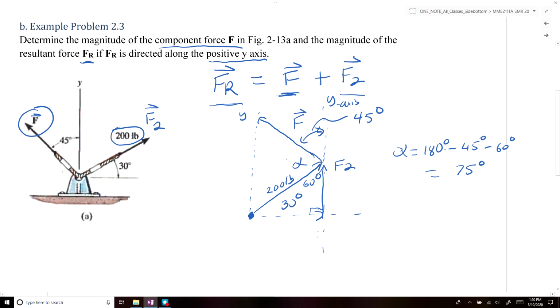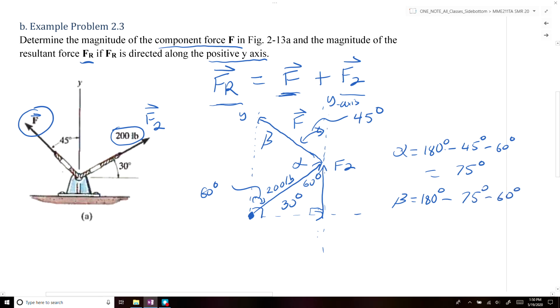The other angle of the triangle is equal to 60 degrees, and that gives us the angle called beta. Beta is equal to 180 degrees minus alpha, which is 75 degrees, minus 60 degrees.